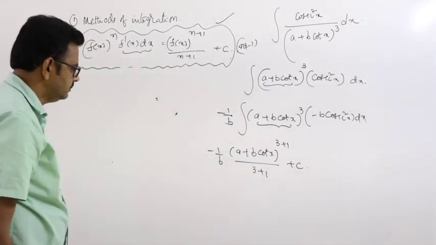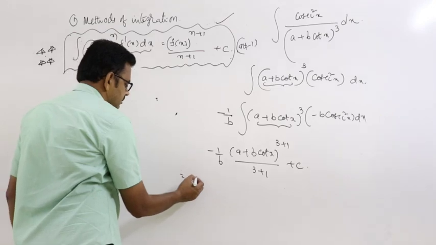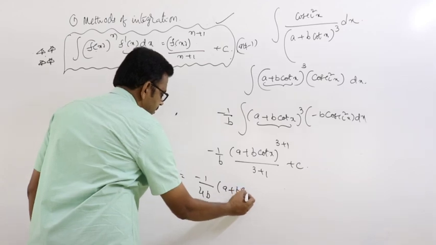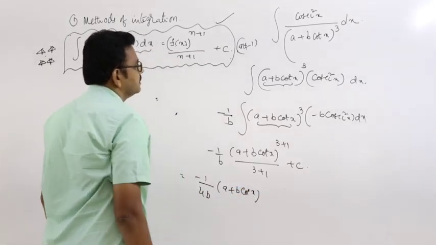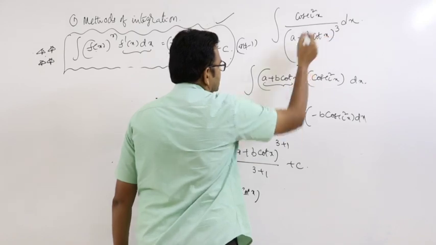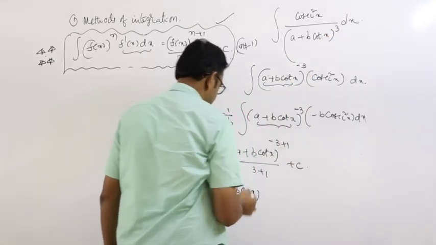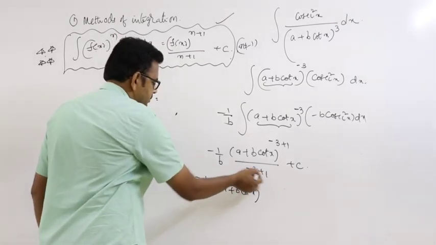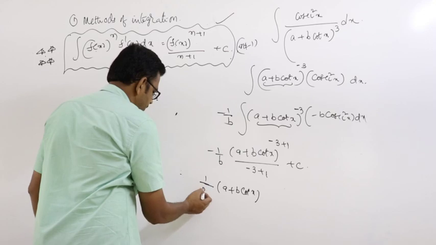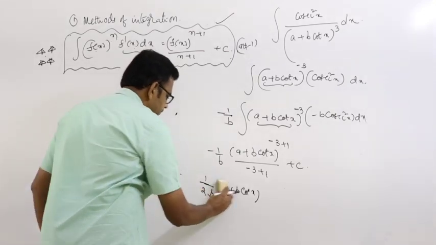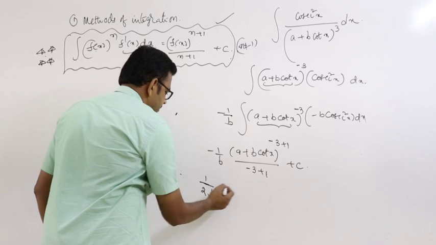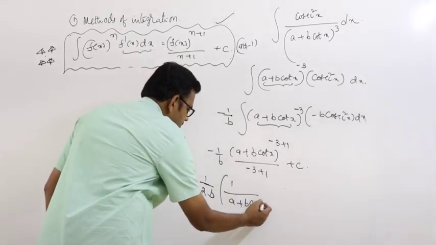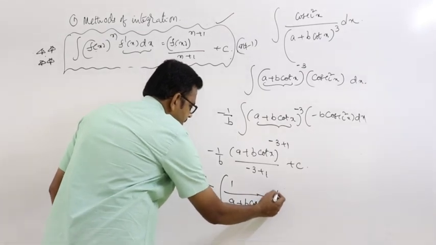That is minus 1 by 4b into a plus b cot x whole power 4... sorry, this is minus 2, so minus 1 by 2b, that is plus 1 by 2b into 1 by a plus b cot x whole square plus c.